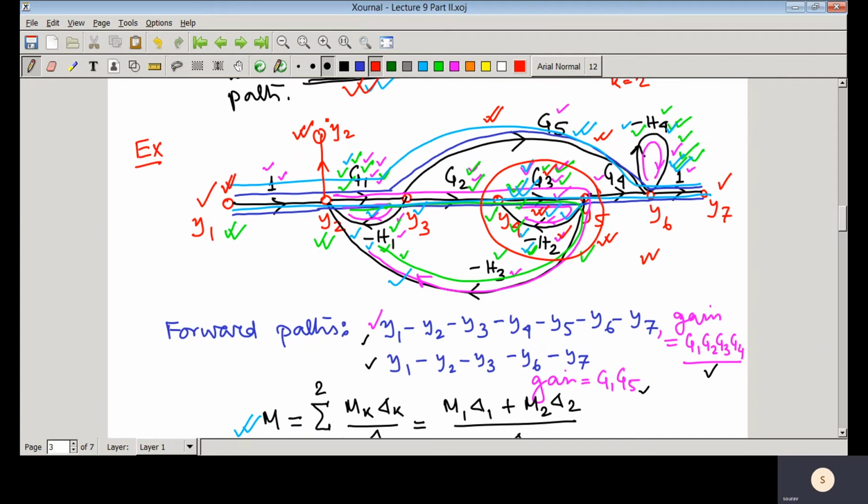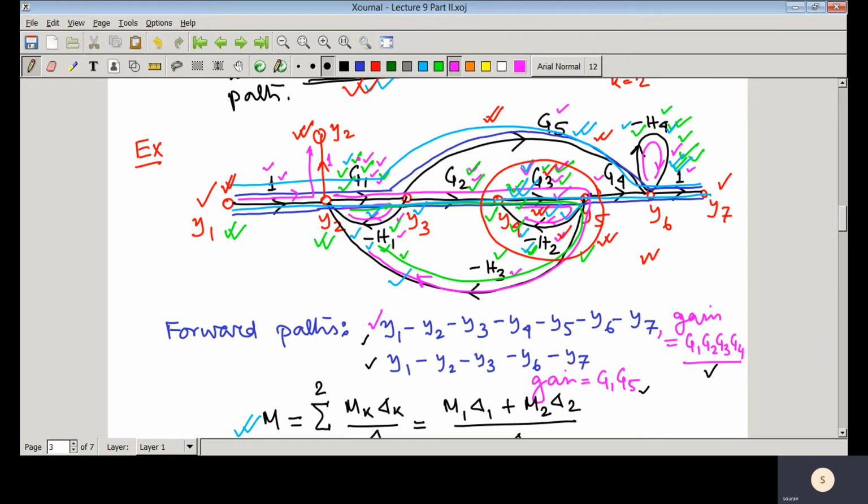If we apply Mason's gain formula, first we need to identify the forward path. Here only one forward path is there, that is y1, y2, y2. The forward path gain is 1 because this is also 1. So now you can directly apply Mason's gain formula to find the transfer function.